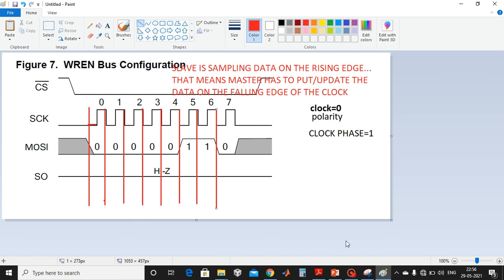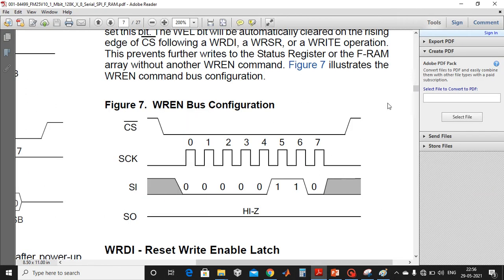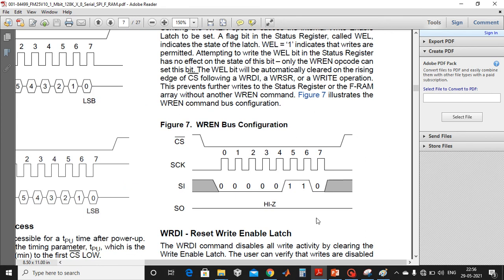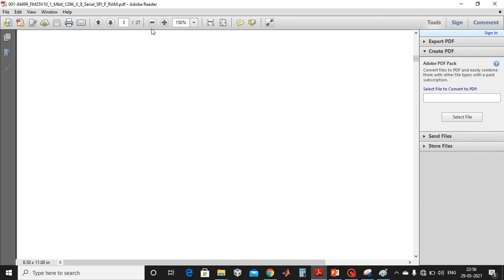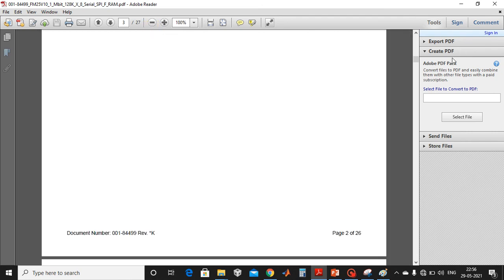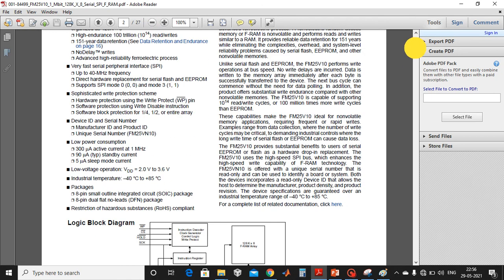But in the datasheet this information is conflicting, because in the datasheet it is given that this device supports clock polarity as 0 and clock phase also 0. You can see this information here.